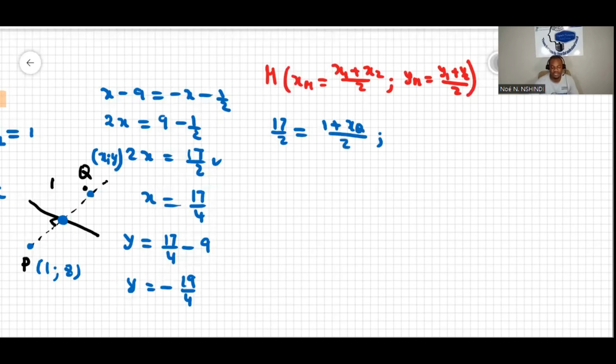And then ym, the coordinate of the midpoint, is -19/4, which will be equal to y1, which is -8, the y of P, plus yq over 2.